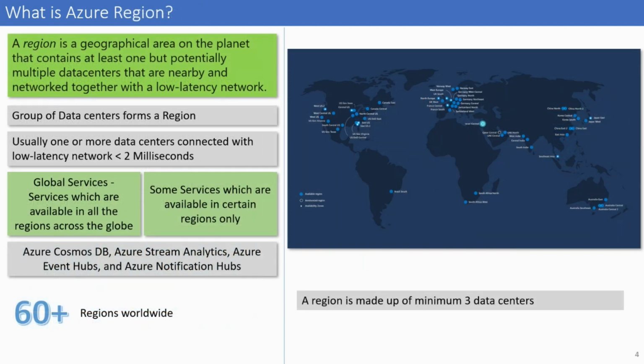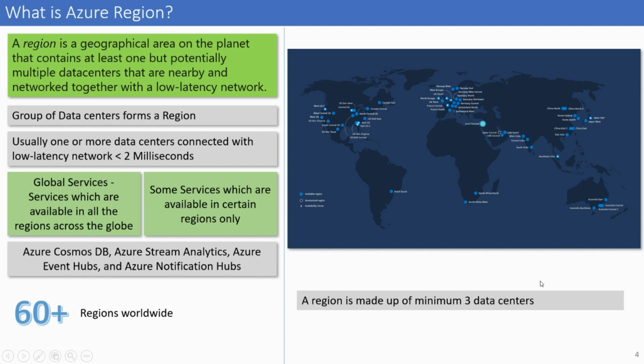Now let's see what regions are in Azure. As I mentioned in my previous slide, data centers form a region. That is, a region has one or more data centers. If you look at this diagram, across the globe there are multiple regions, and each region houses multiple data centers.